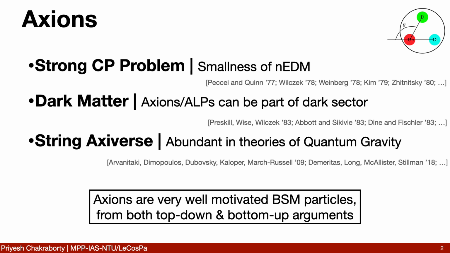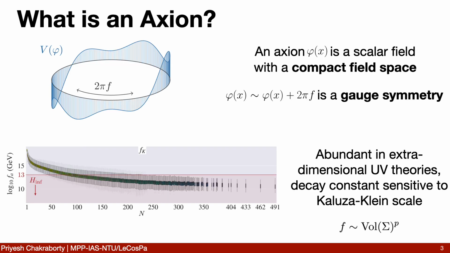And moreover, it was recognized that these particles are actually abundant in theories of quantum gravity. So they're very well motivated for a variety of reasons as particles to look for in nature. Okay, but what do I mean by an axion?